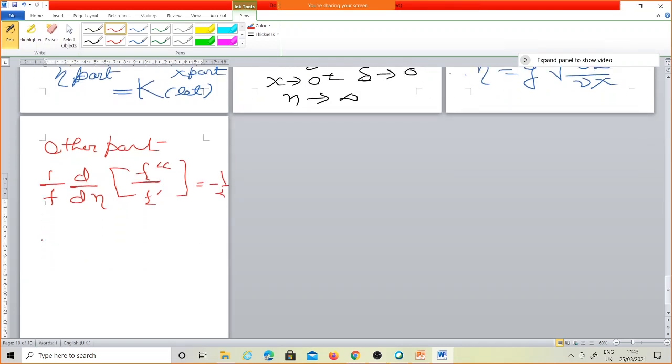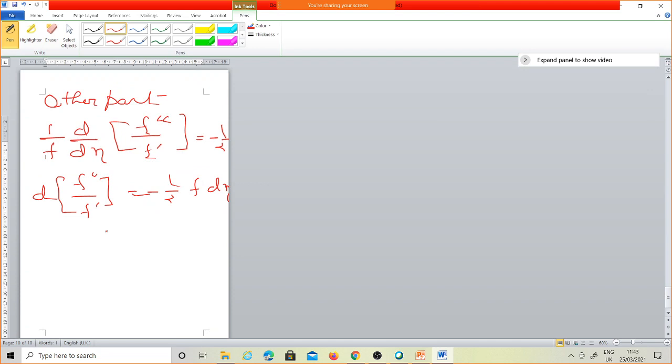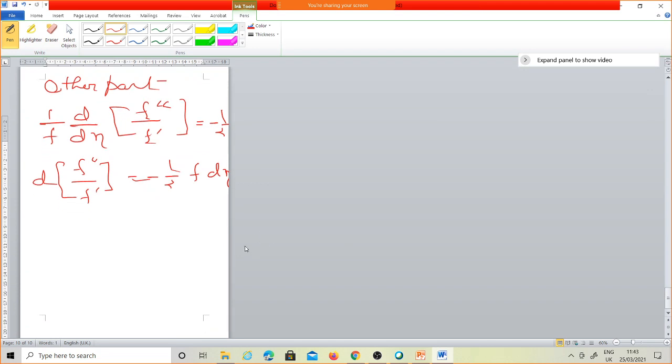So we will have d by d eta of f double prime by f prime equal to minus half f. Just shuffle it. So actually we are reducing the PDE to ODE. Okay, so we are reducing the PDE to ODE.